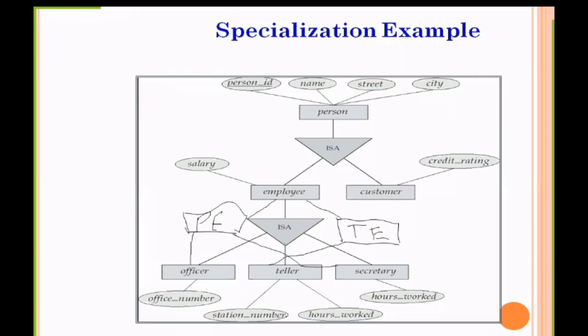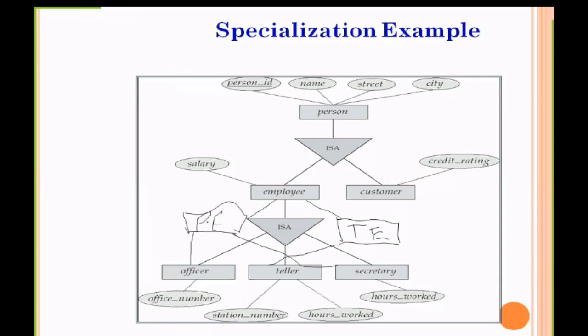Station number, working hours: how many working hours a teller is doing with a particular station. But office number, office is permanent, and how many hours a secretary is working is associated with secretary. These two, officer and secretary, are of a type relationship of permanent employee.